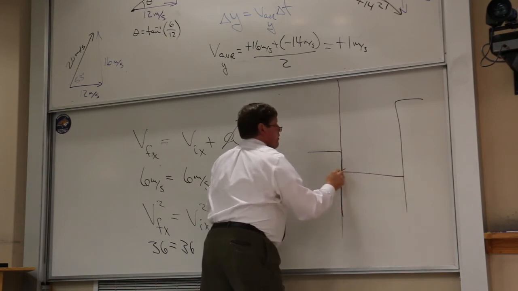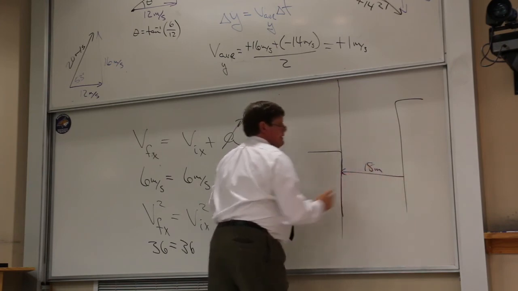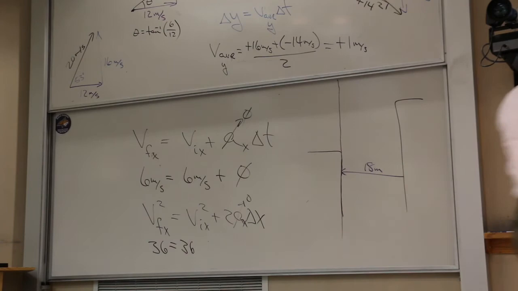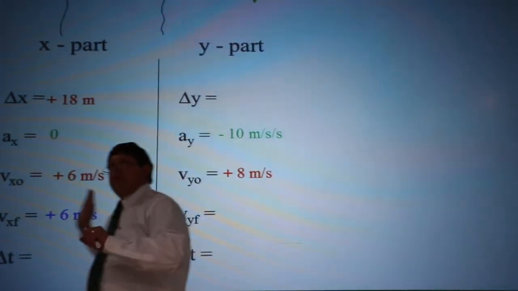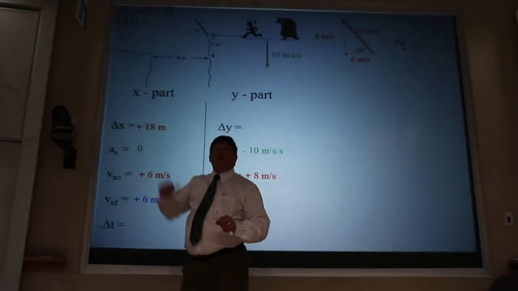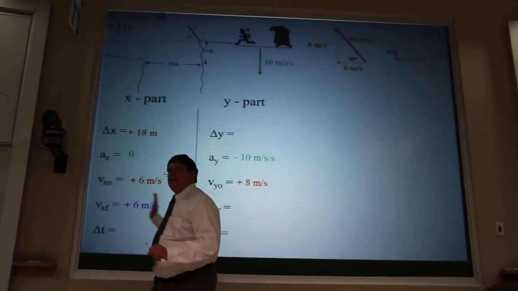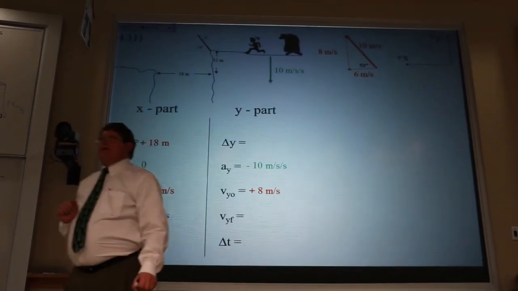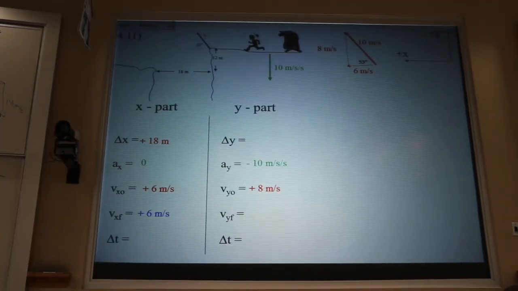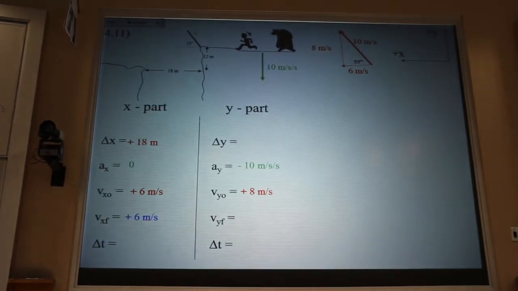And that wall is built very simply by forcing delta x to be 18 meters. By forcing delta x to be 18 meters, you're saying that this person, whether it be a Cub Scout or Steve Eiger, has already traveled 18 meters to the left and is somewhere at this wall.